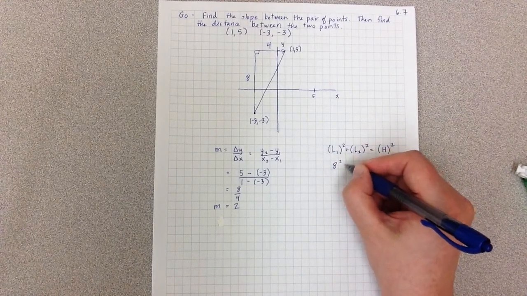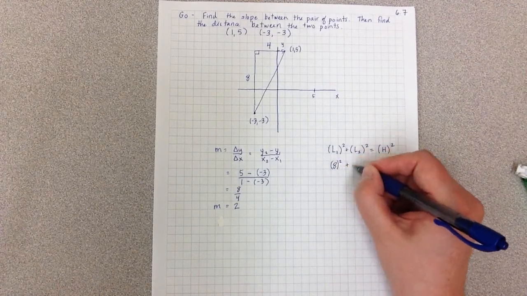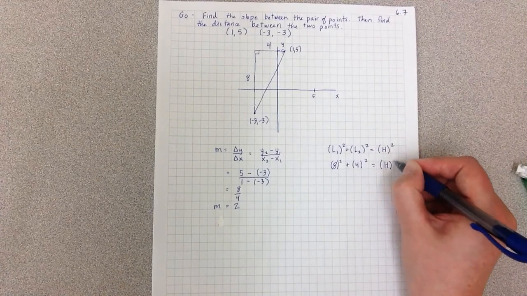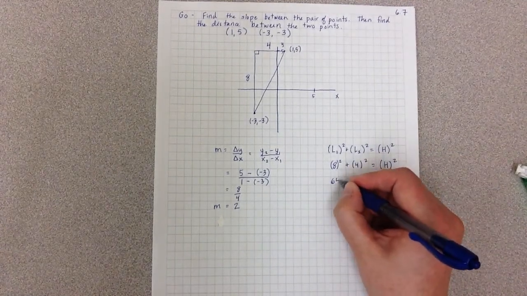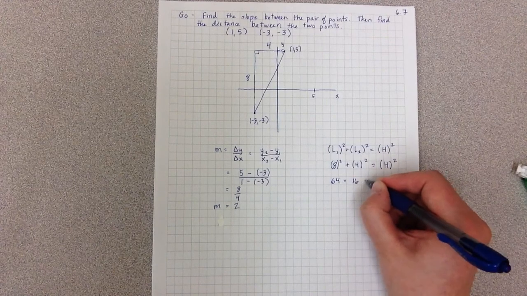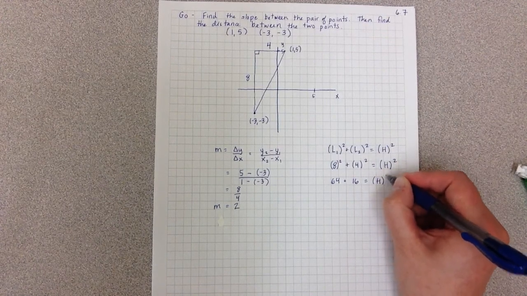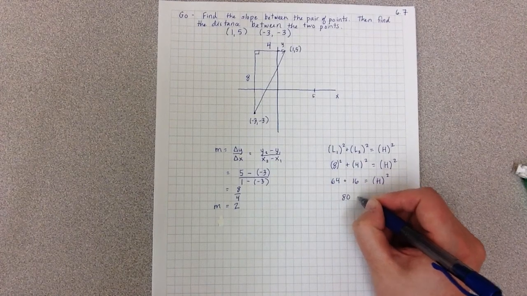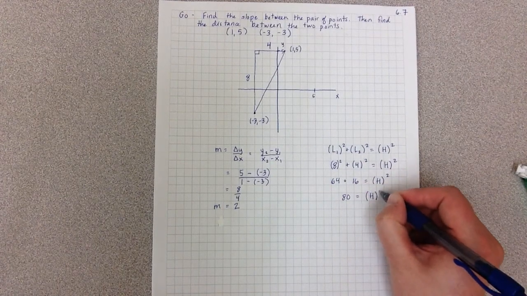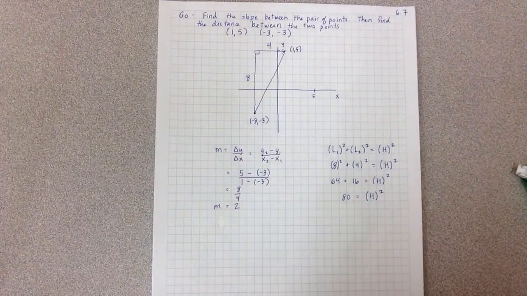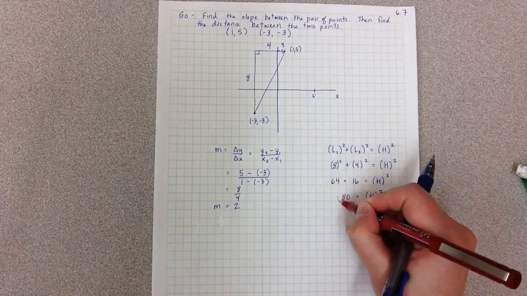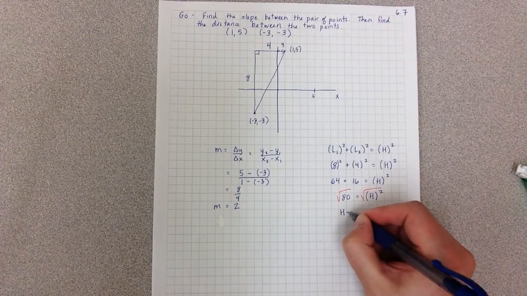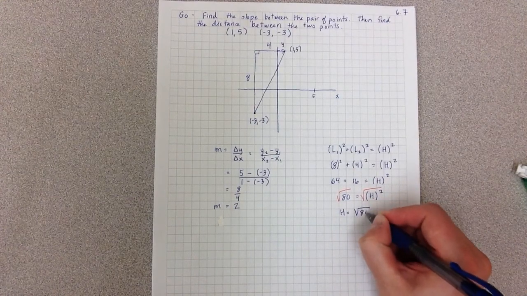So I have 8 squared plus 4 squared equals h squared. 64 plus 16 equals h squared. 80 equals h squared. I then take the square root of both sides, and I have that h equals the square root of 80.